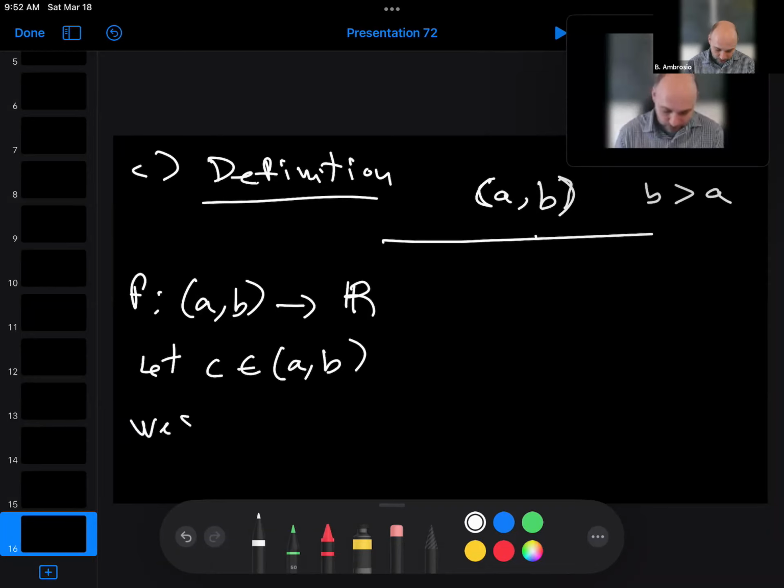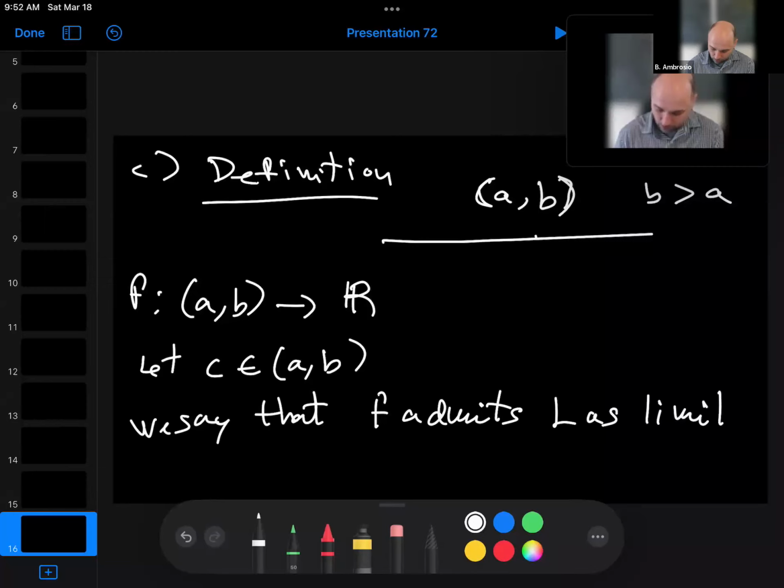We say that f admits L as limit when x approaches c.